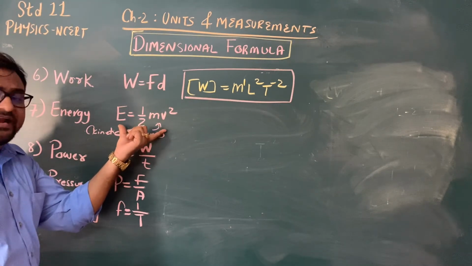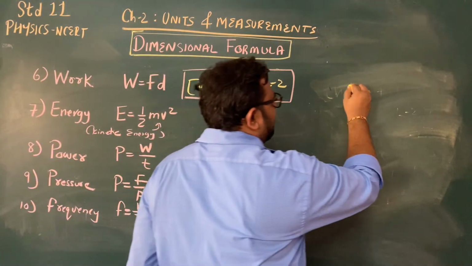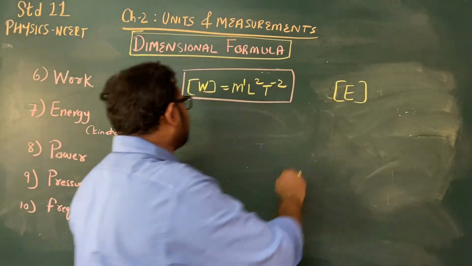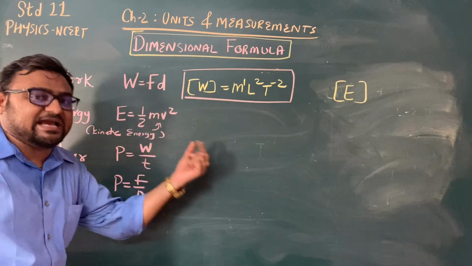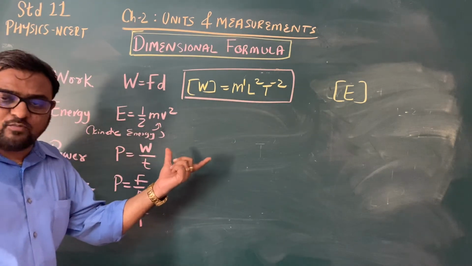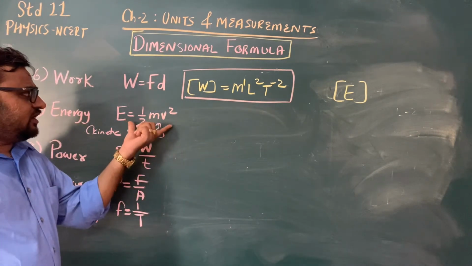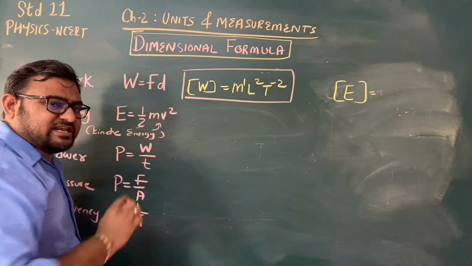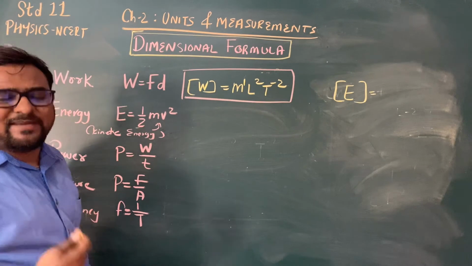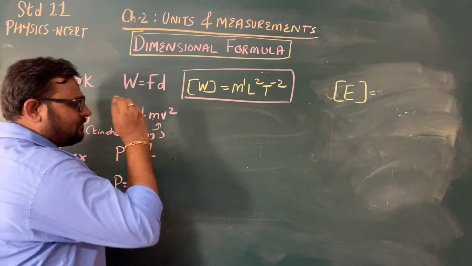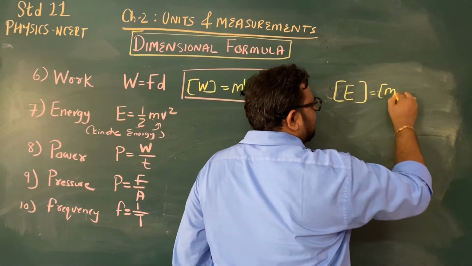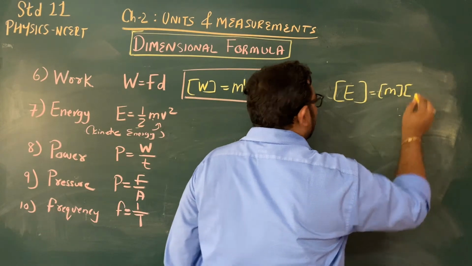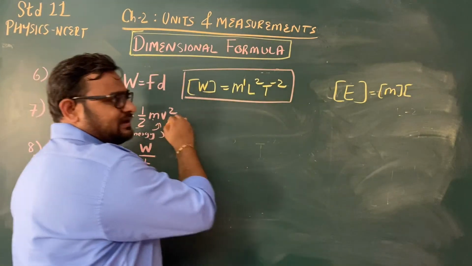Here I have taken kinetic energy. So what is the dimension formula? You can also take potential energy like mgh. You can also use that formula. Clear? So kinetic energy is half, that is a number that doesn't have dimensions, times mass and V square.